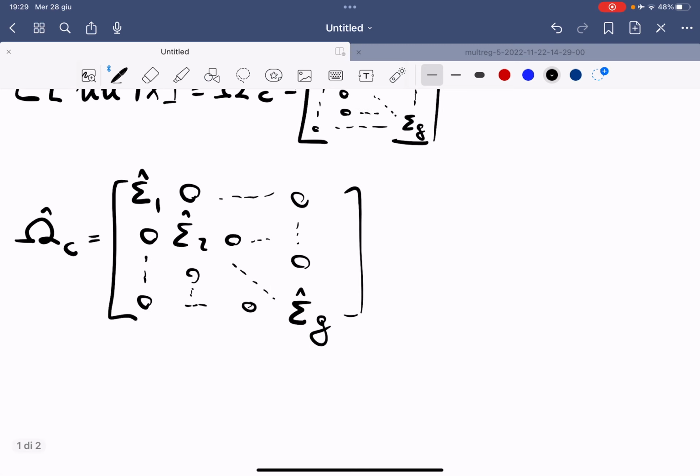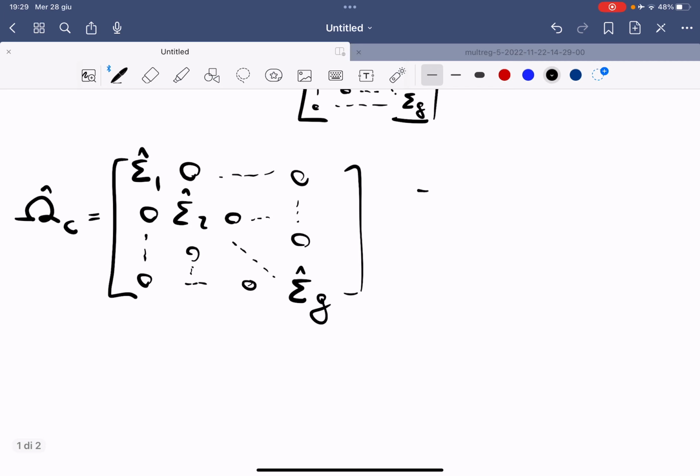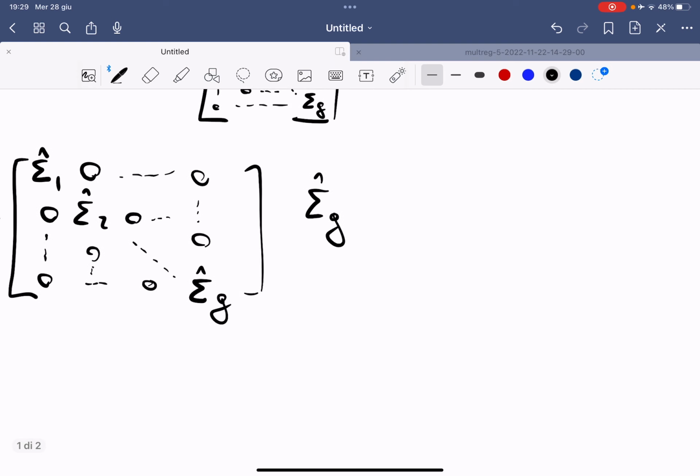Now, every estimated sigma will be equal to the expected value of the squared estimated residuals.